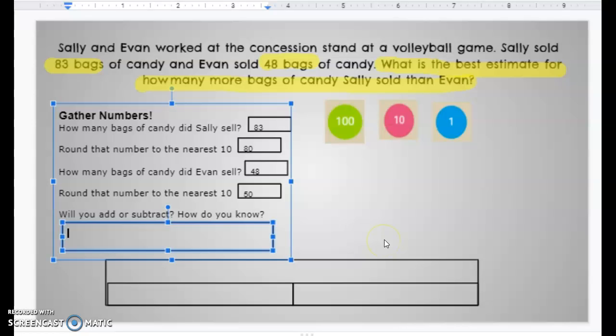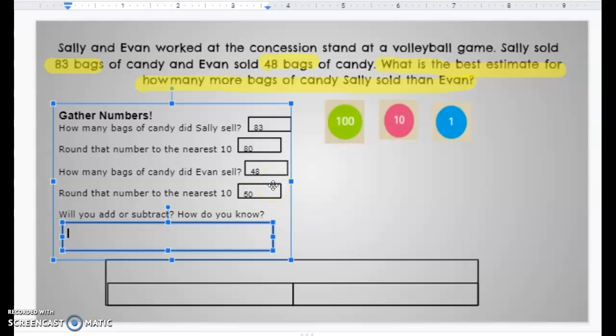The next question, will you add or subtract? How do you know? Well, what is the best estimate for how many more bags of candy Sally sold than Evan? Sally sold 83, or approximately, or about 80, and Evan sold 48, which rounds to 50. So I know that Sally sold more bags than Evan.